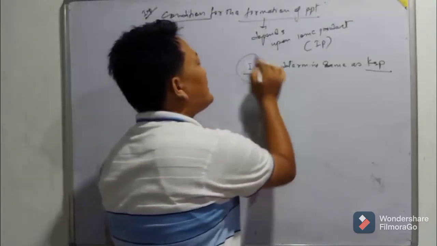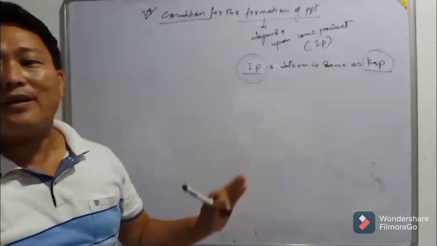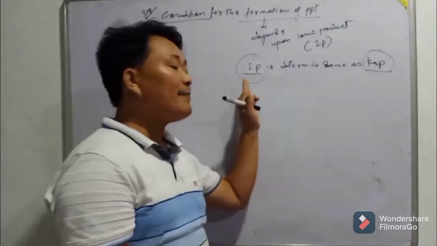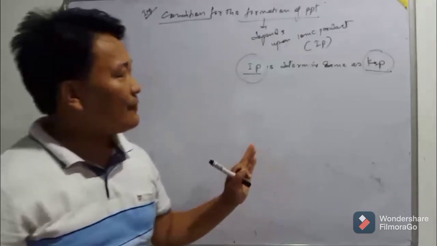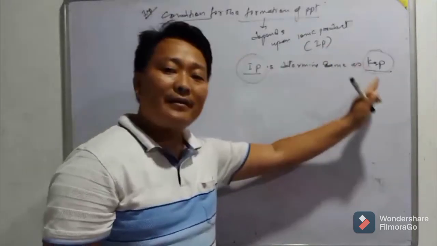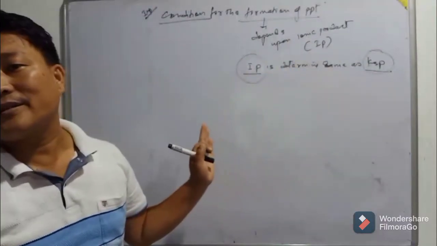Now see, what makes them different? Main problem is this one: if they are the same, then why have they been named differently? Understood or not? If both are the same, then why is one called KSP and another called ionic product?